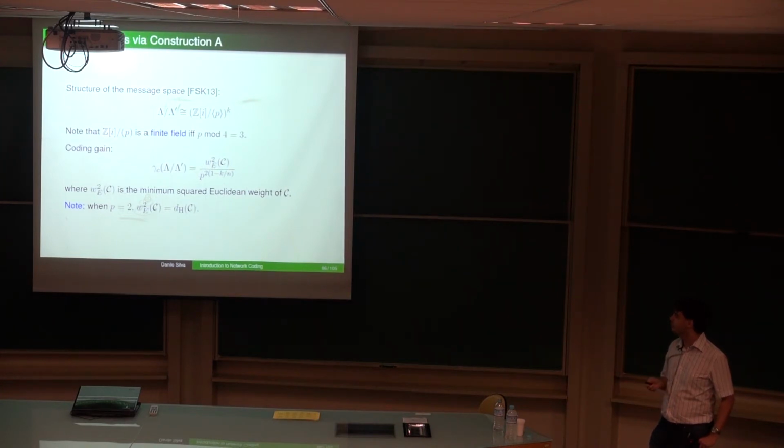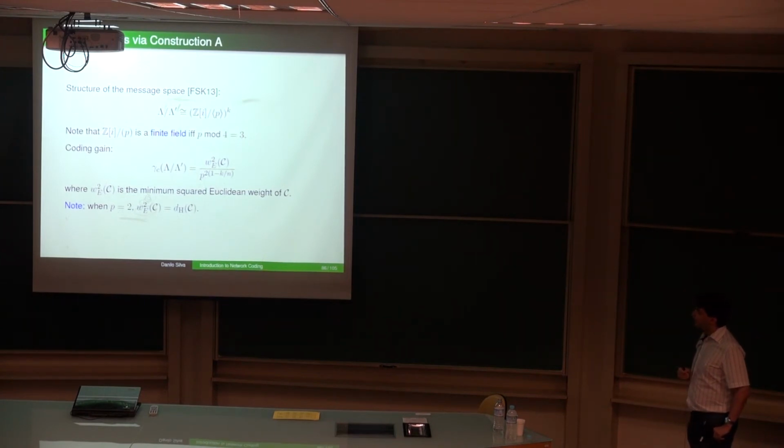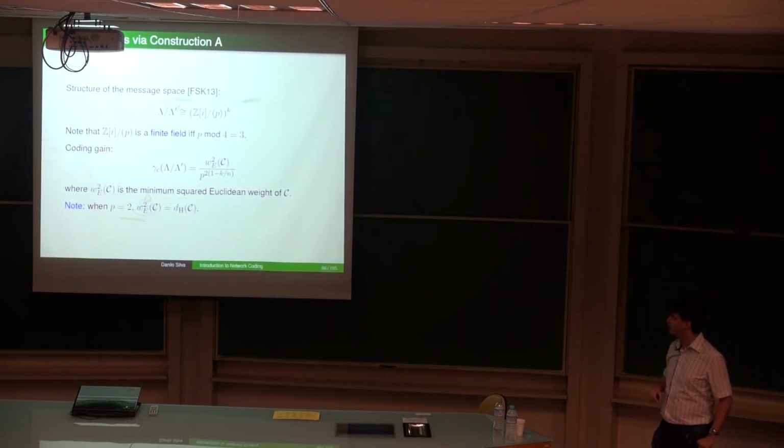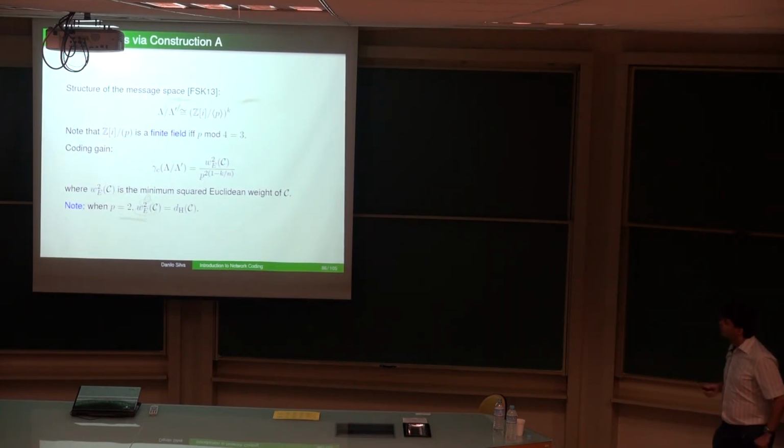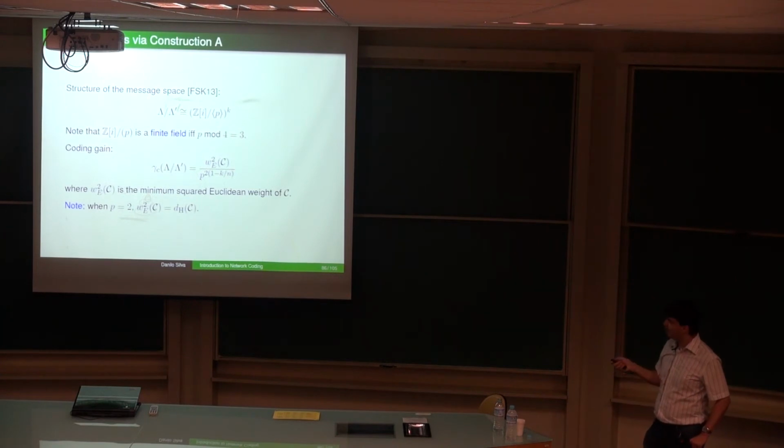And then you get that structure of the message space, a p^k copy of that, and this is a finite field in some cases, so then it will be a vector space. We can then study some properties and probability of error for such lattices. And it's interesting that the error probability properties of such lattices can be mapped to some properties of the underlying code.